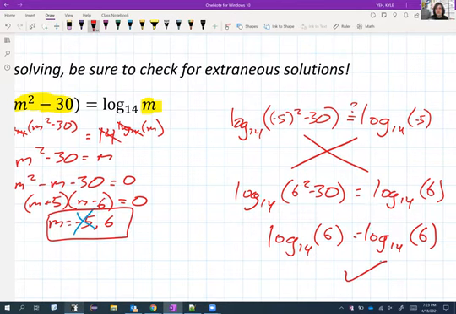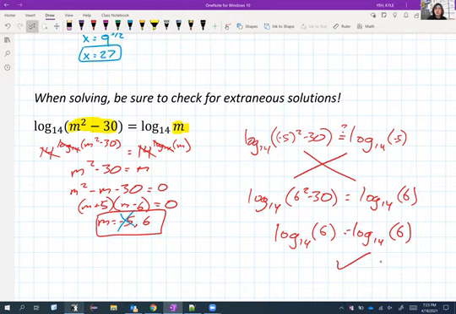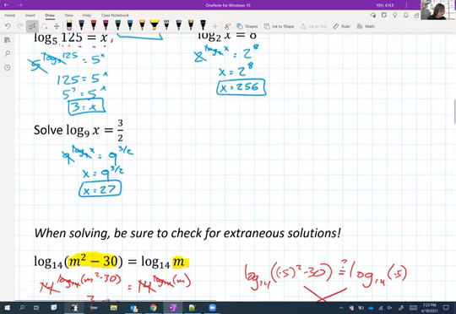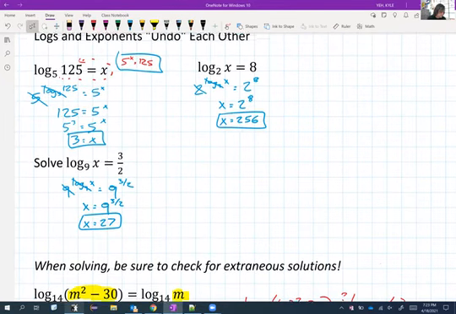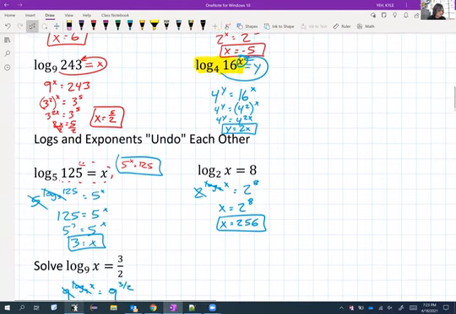M equals 6. So make sure that when you get a solution, you plug it back in, and we're never taking the log of a negative number. You'll notice up here, everything we did was positive, log of a positive number.